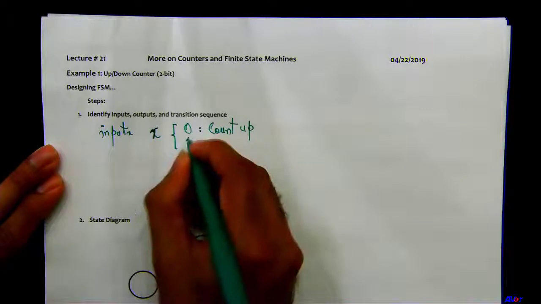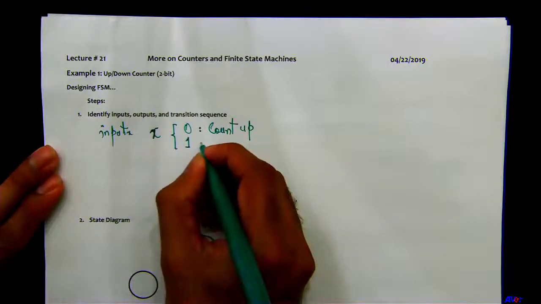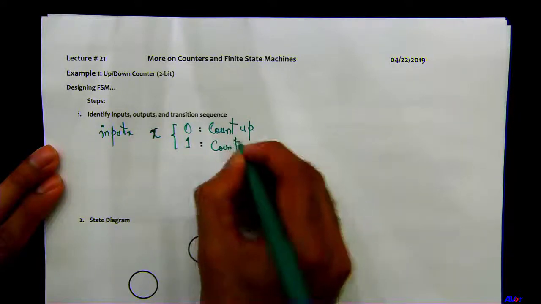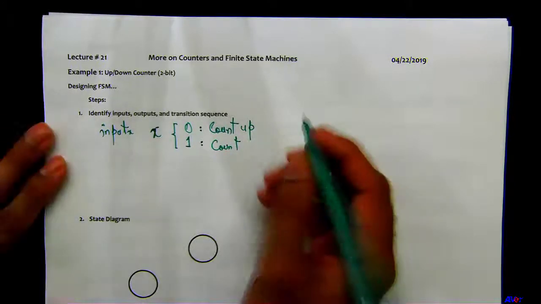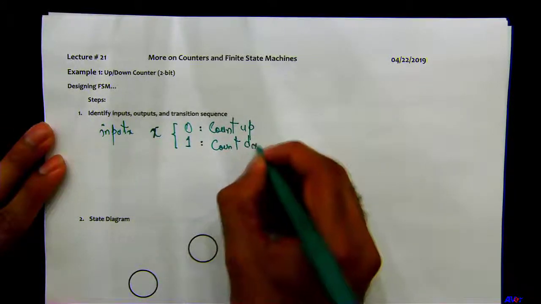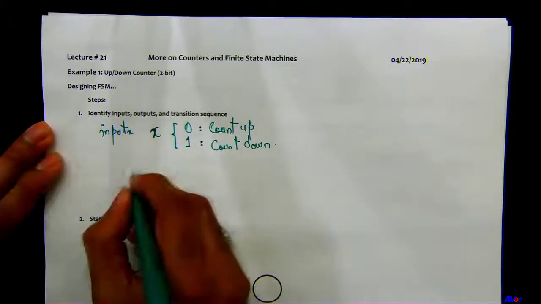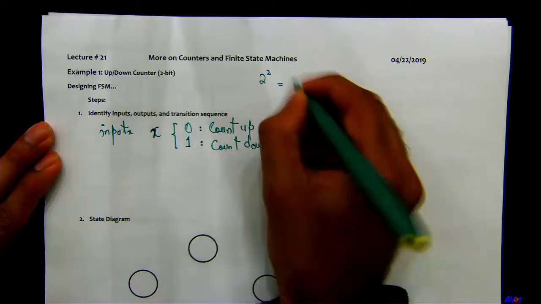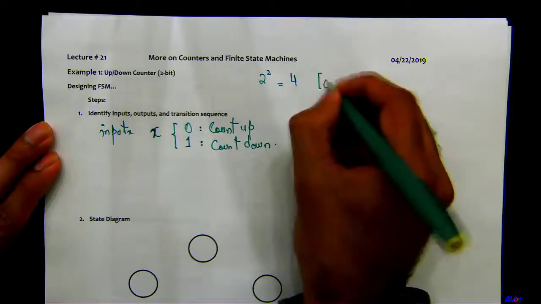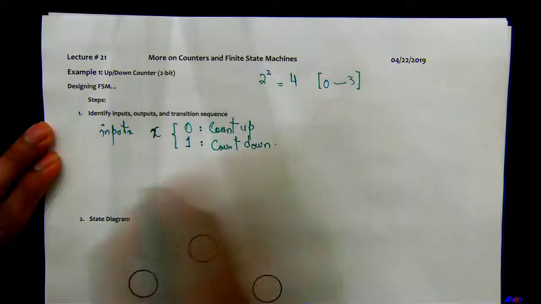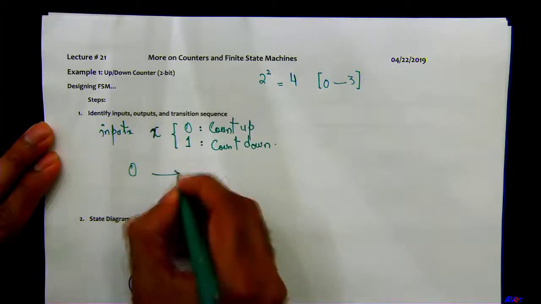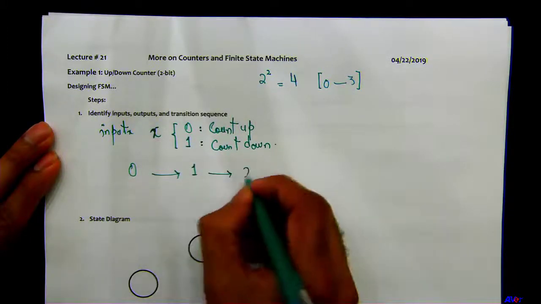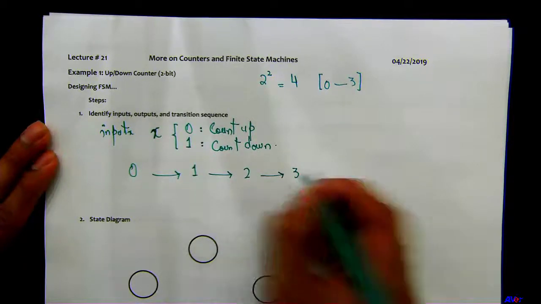If that button is 1, it's a countdown. We've got 2 bits, so 4 values, the range is going to be from 0 to 3, correct? So 0, and then 1, 2, and then 3.